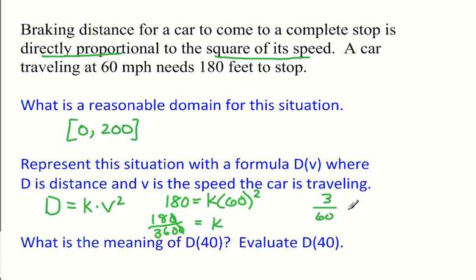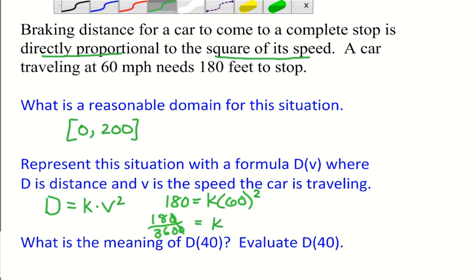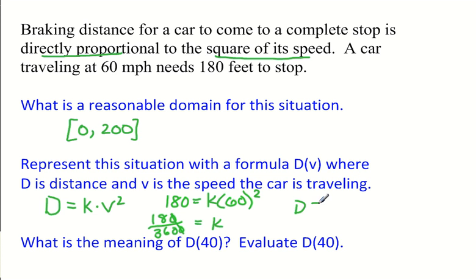Oh, that goes even lower. So let's see, I believe that's 1/20th. Does that make sense? Yeah. So our function would be d equals 1/20th times v squared.